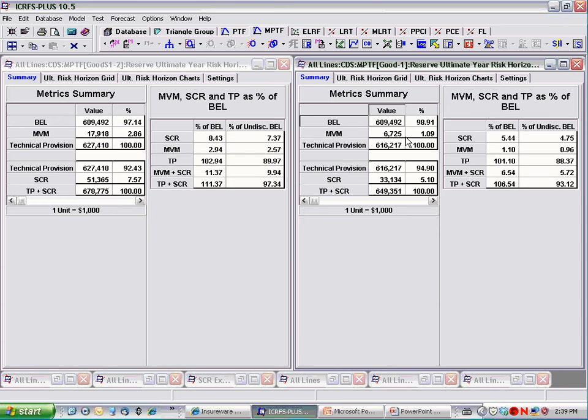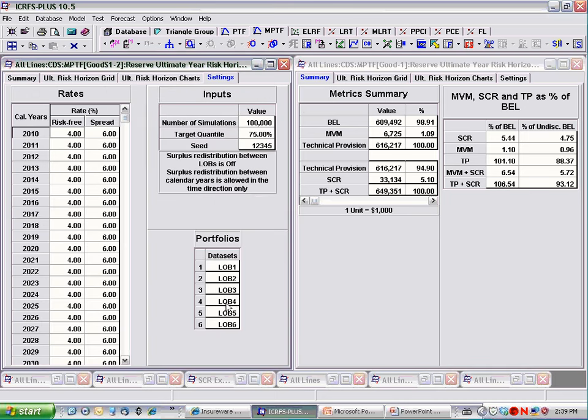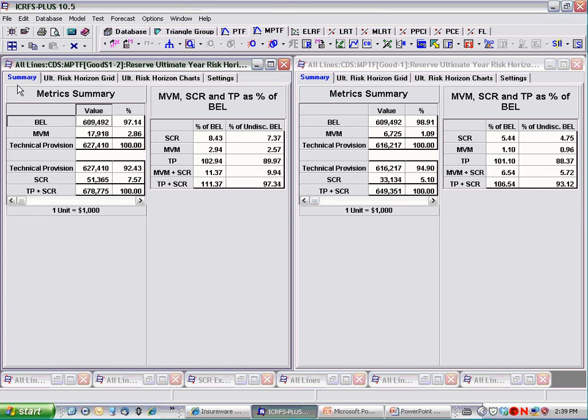Okay, so there's major reduction in diversification credit by ring fencing each LOB, both in terms of MVM, cost of capital is more than doubled, and your SCR is increased by a large proportion.